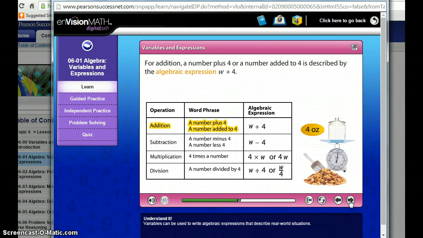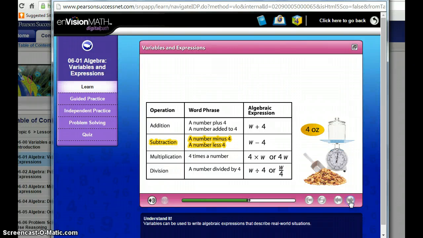For addition, a number plus 4, or a number added to 4, is described by the algebraic expression W plus 4. For subtraction, a number minus 4, or a number less 4, is described by the algebraic expression W minus 4.